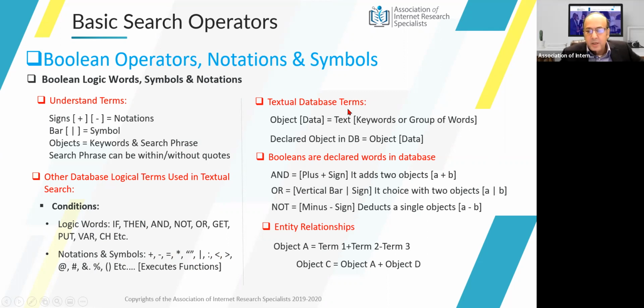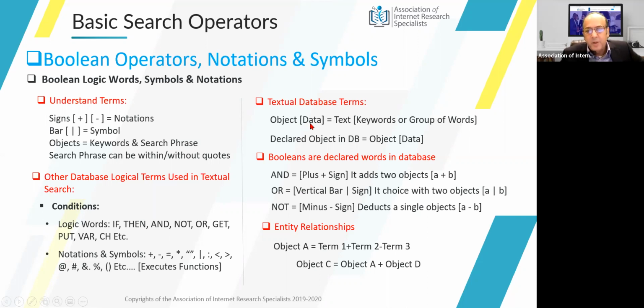Then the textual database terms that we declare, or where we are going to say that certain objects are. So what objects are the data, for example, in the sense of how a database engineer is structuring things. It's going to look at data or sets of data or multiple data as objects. Like it can group them together. It could be 10 different data sets.